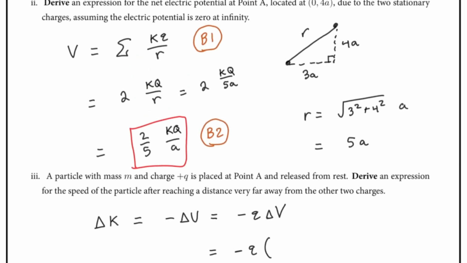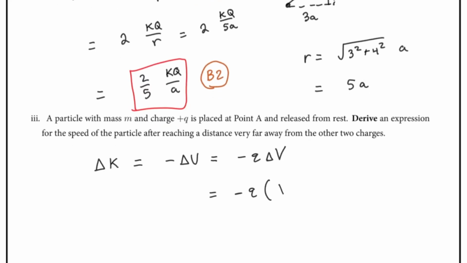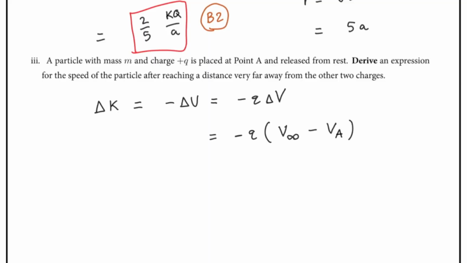So what would our delta V be? Well, delta V would be V at the end, or V at infinity, minus V at point A, where we start. V at infinity, by definition, is 0. Well, not always, but we defined it in the previous part. And V at A, we just derived an expression for that. It is 2kQ over 5a.